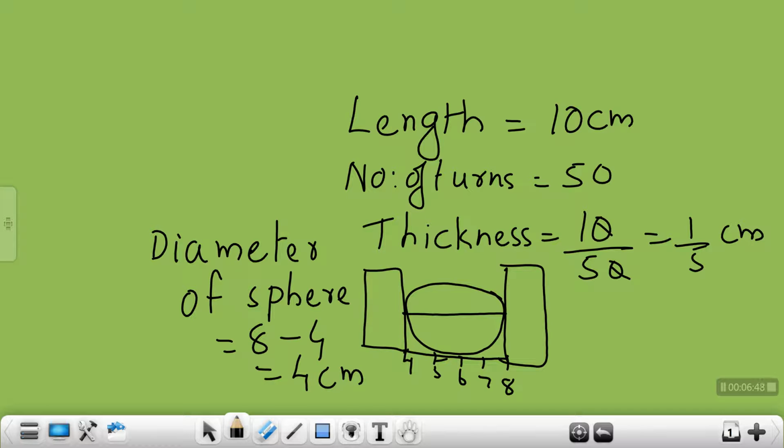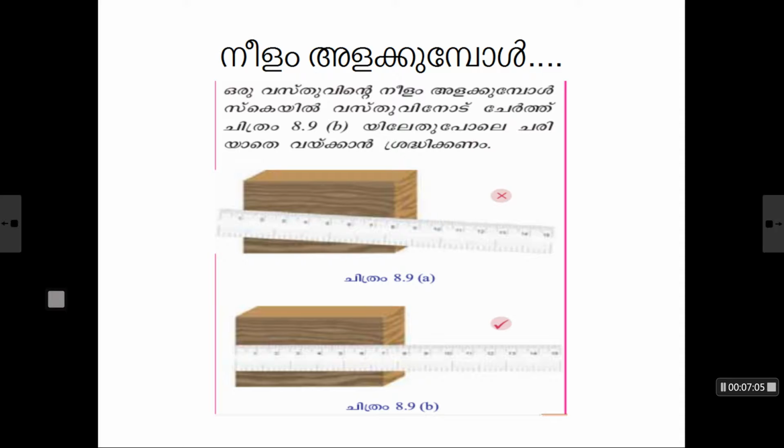That means you take two wooden blocks and keep the sphere in between the wooden blocks. Then you measure the diameter of the sphere using a scale. So in this way you can find out the diameter of a sphere.